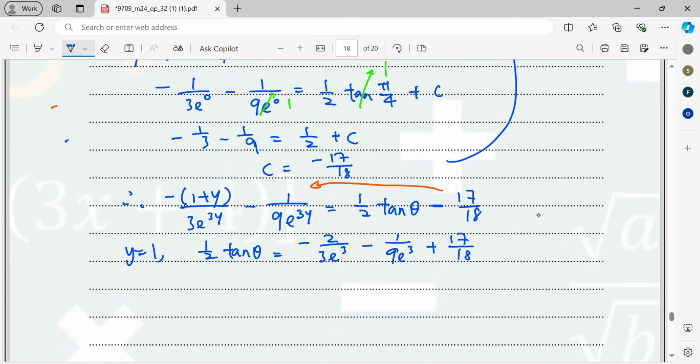So the first two terms, minus 2 over 3 minus 1 over 9, that is minus 7 over 9. So I will write minus 7 over 9e cubed, then plus 17 over 18. And now you times 2. So tangent theta is going to be negative 14 over 9e cubed and plus 17 over 9.